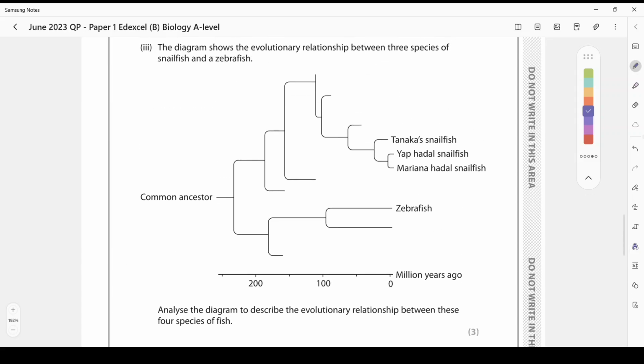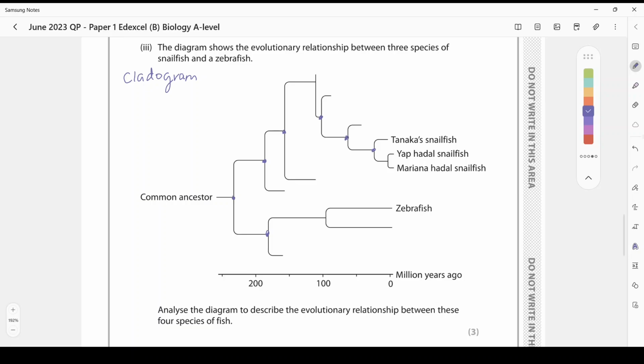So just to give you a little bit of background about this type of diagram, this is referred to as a cladogram, and it showcases the evolutionary relationships between species. So here we refer to as the root. This is the common ancestor. And every time you see this branching off, right here, here, these are what we refer to as nodes.